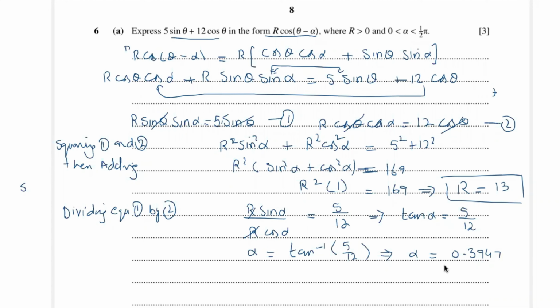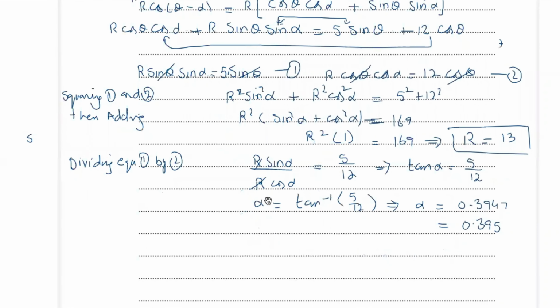0.3947. Now in 3 decimal places, we write it as 0.395. Therefore, we can write this value here. R is 13.